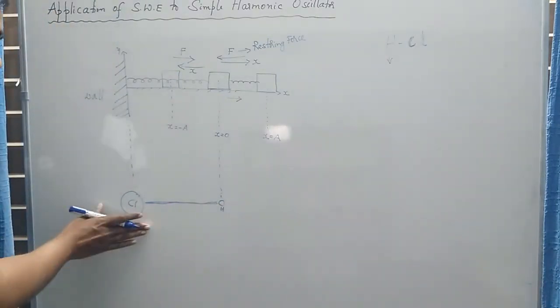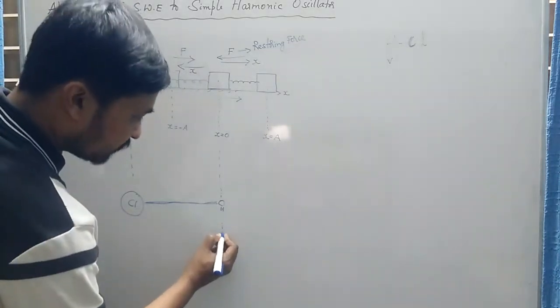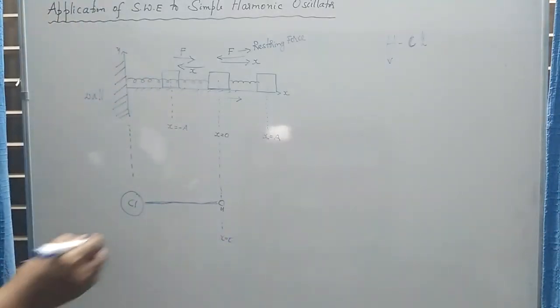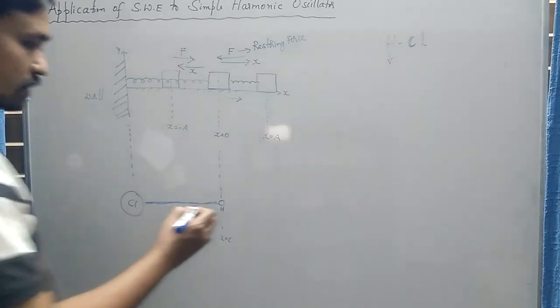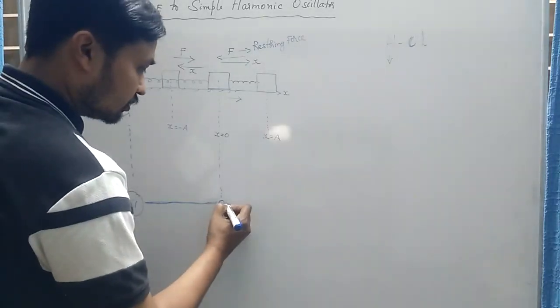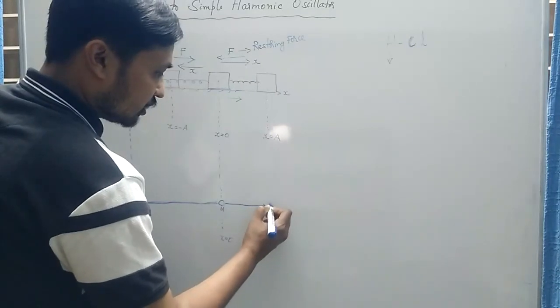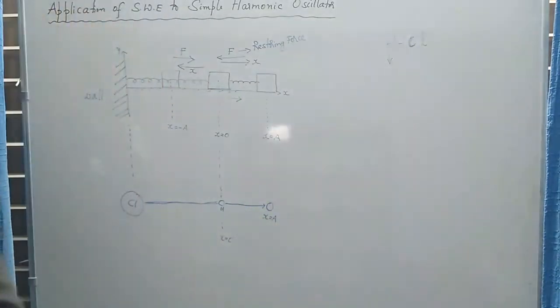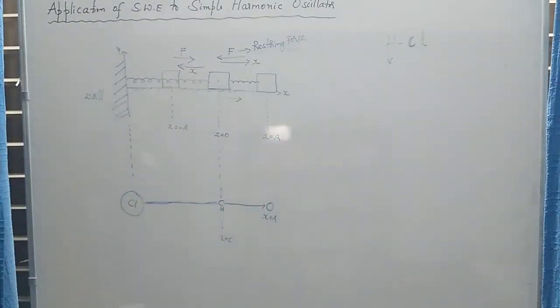So we assume that the position of chlorine is fixed. This is the equilibrium position, and this hydrogen atom is exhibiting to and fro motion. If this hydrogen atom moves in one direction up to somewhere here, say x is equal to a, this is the stretched position.